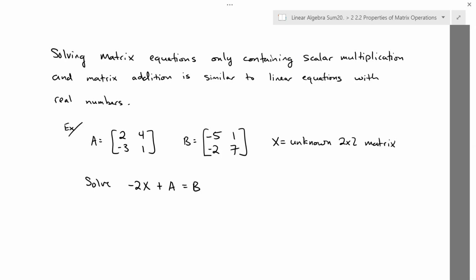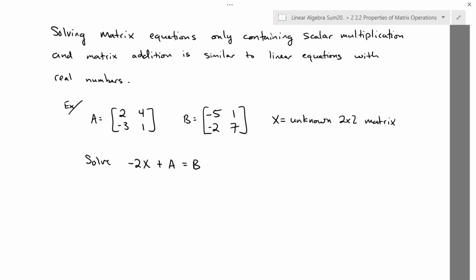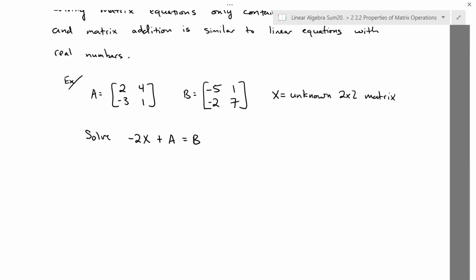Right, so here in this example, you're given some known matrices A and B, and some unknown 2 by 2 matrix X, and this is a linear equation with one unknown matrix. And if I want to solve this matrix equation for X, it only involves matrix addition and scalar multiplication, and so we can solve the equation exactly as we're used to. Right, so we want to get the X by itself. So first we cancel A by subtracting A from both sides.